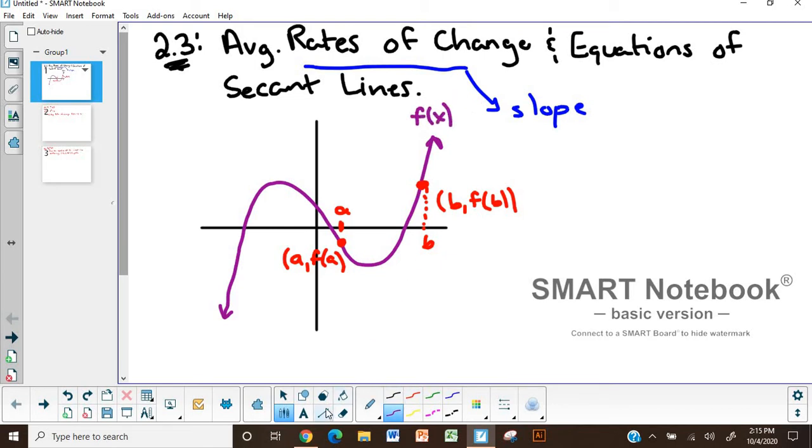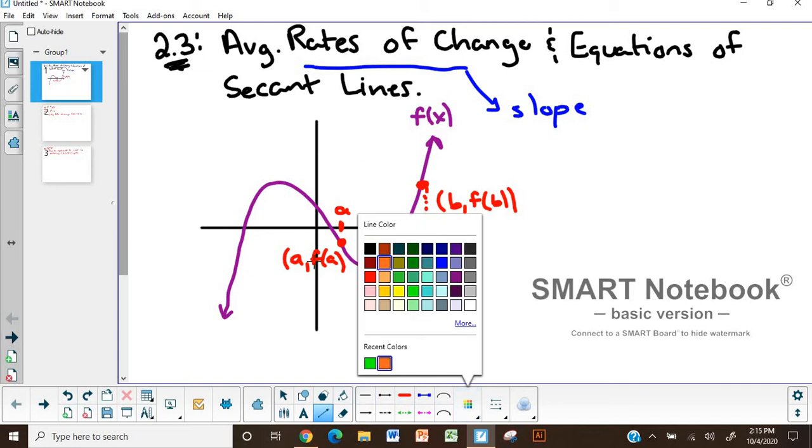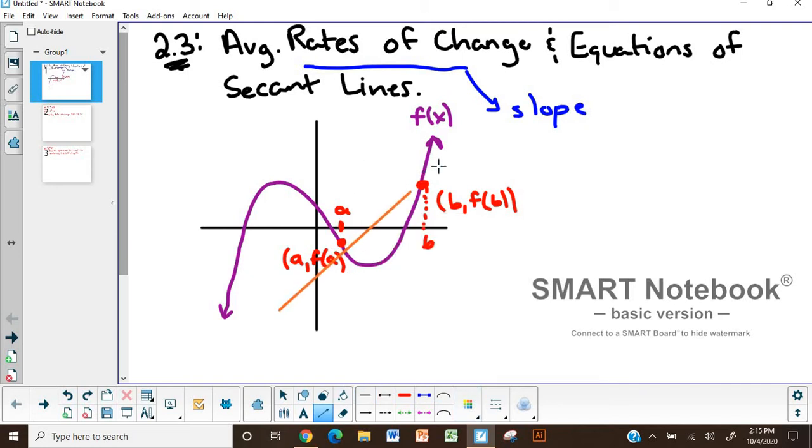All right, well, the average rate of change between these 2 points here is simply the slope of a secant line containing those 2 points. So if we draw a line here, the slope of this line is going to be what we call the average rate of change between those 2 points.